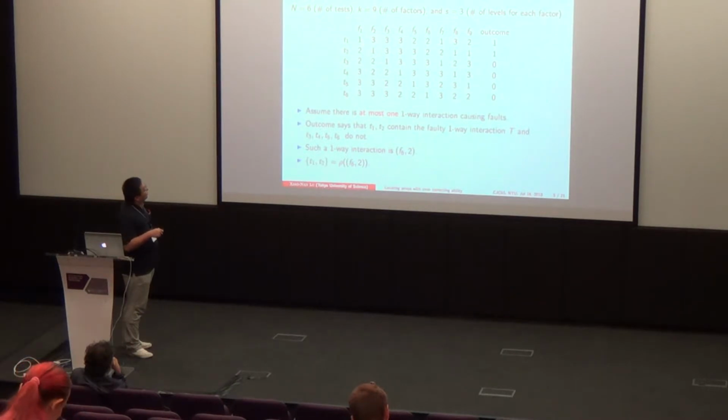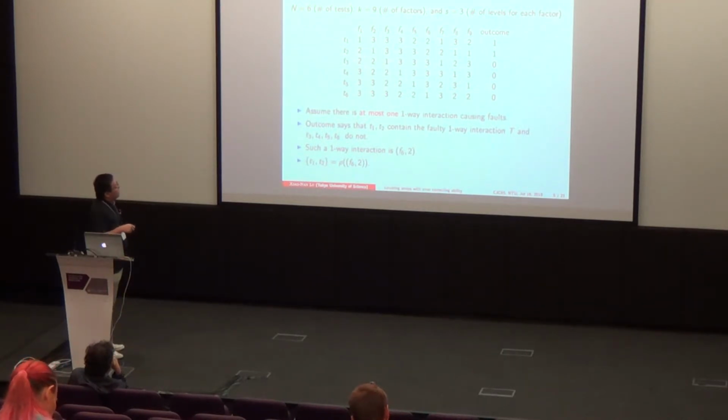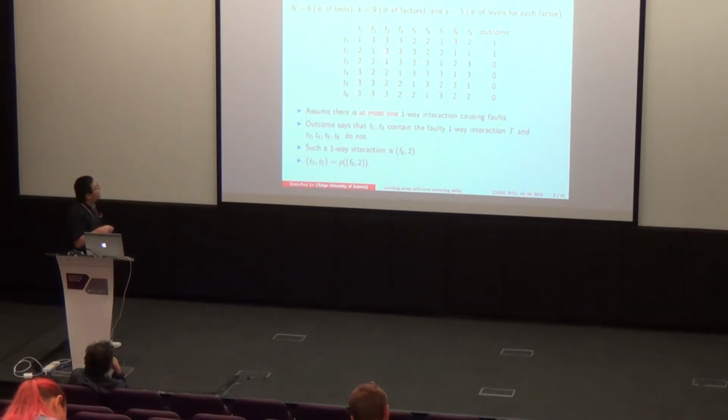So that means this row gives a bad example. The outcome tells us that T1, T2 contain some one-way interaction, and the others do not. So how can we find the bad guys?